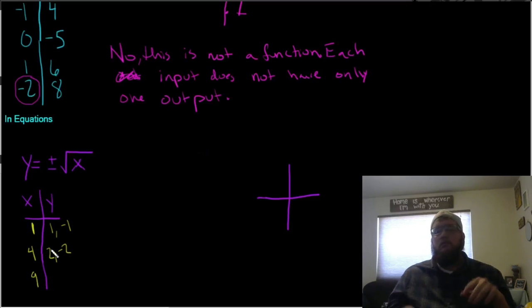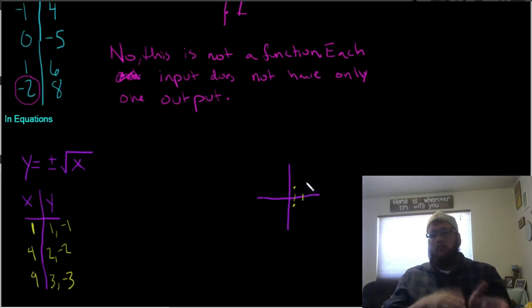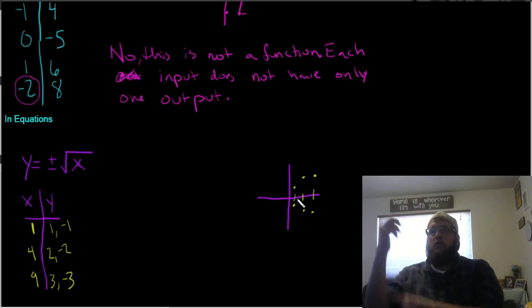And then the next is 9, which would be 3 and negative 3. So if we graphed this at 1, it would be positive 1 and negative 1. At 4, it would be positive 2 and negative 2. And at 9, it would be positive 3 and negative 3.